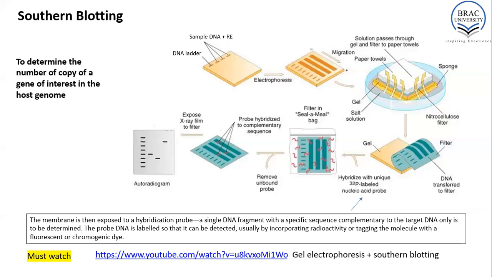I'm just telling the general process. So that genomic DNA is digested with the restriction enzyme, and then this digested product is run on the agarose gel. After running the agarose gel, the bands are transferred to a membrane.